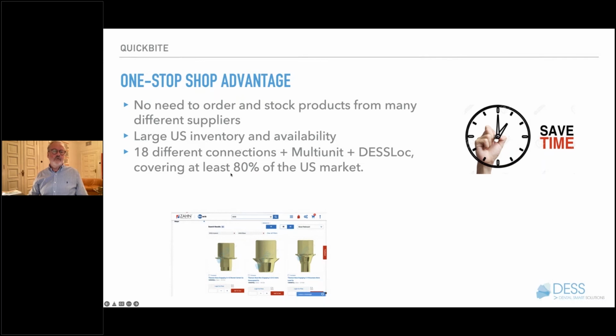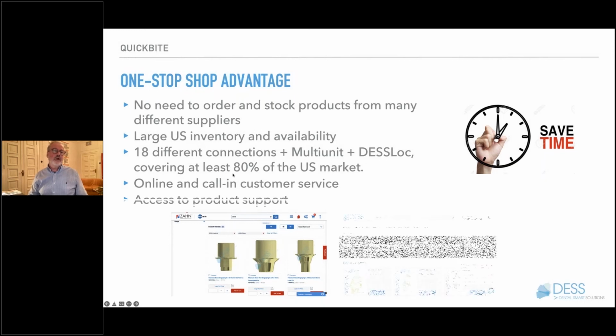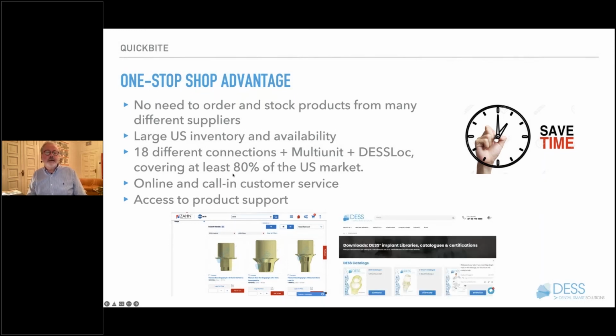And of course, through the collaboration with Zahn, you have access to customer service and advice from their product specialists, and that is of course extremely important.